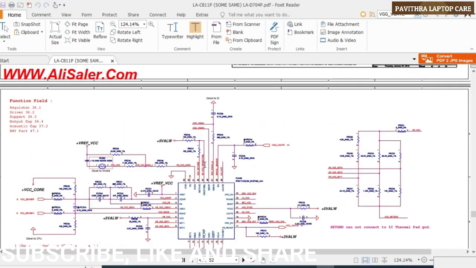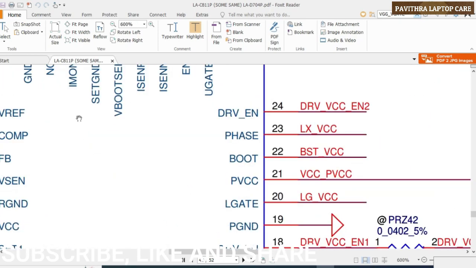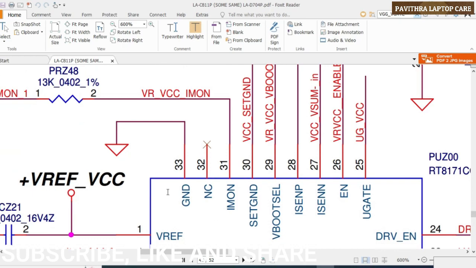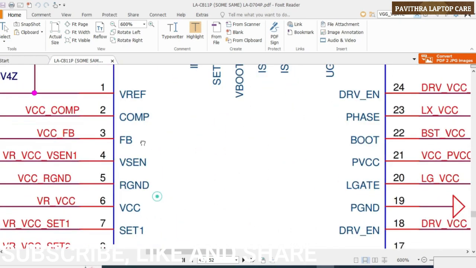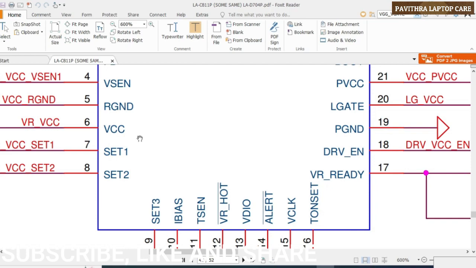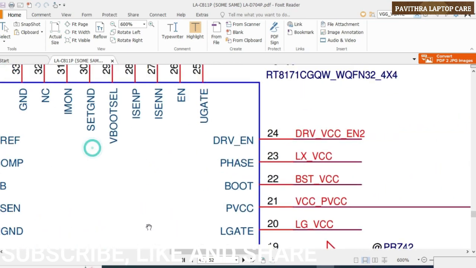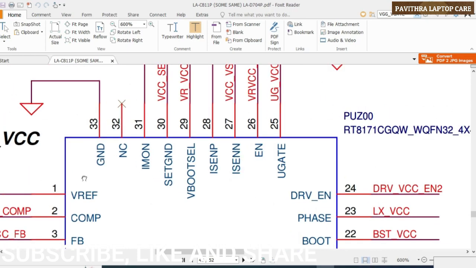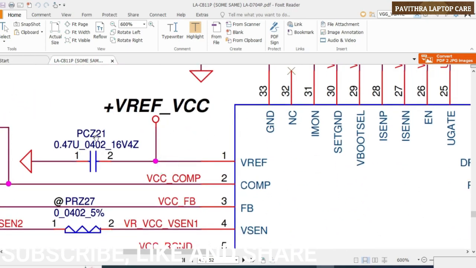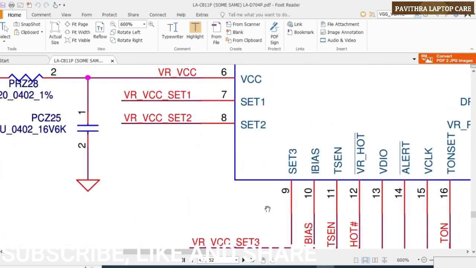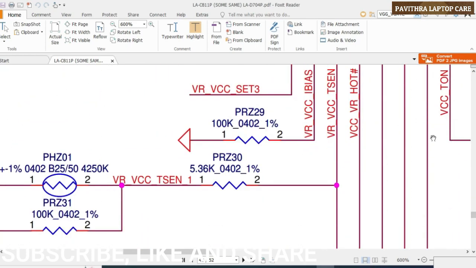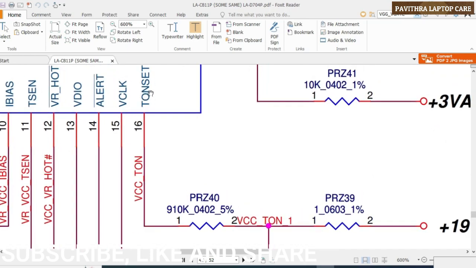Next, if it is in dead condition, we need to check the required voltages: VCC, PVCC, all input reference voltages and input voltages, the pull up resistor voltage or normal voltage, everything we need to check. And turn on is also a very important thing.